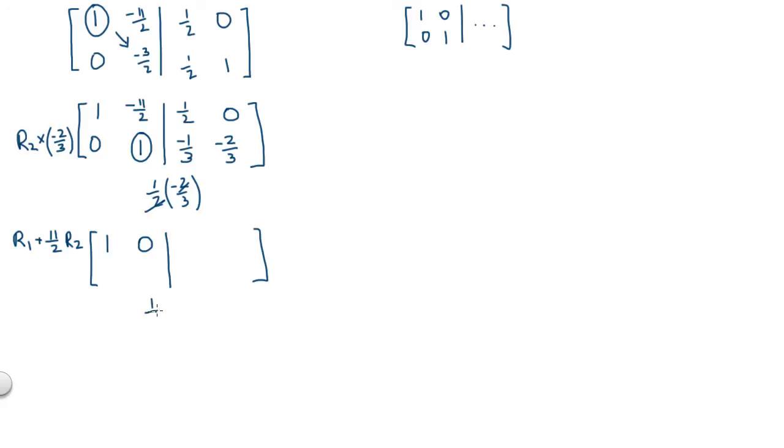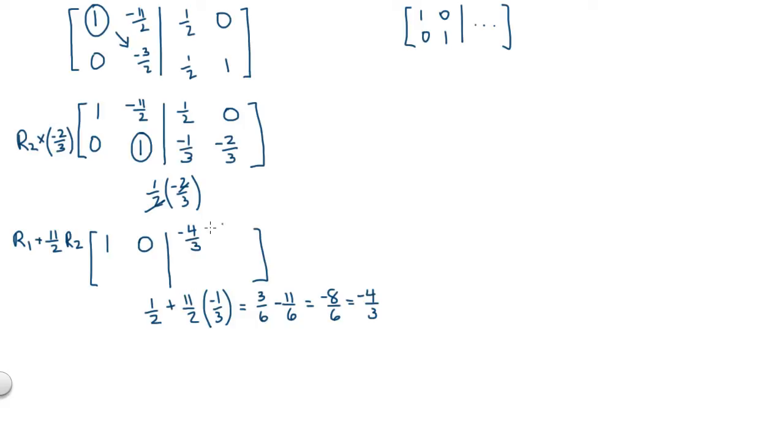So taking row 1 plus 11 halves row 2 is going to give us half plus 11 halves times minus 1/3. Okay, maybe let's turn this into sixths. So we've got 3/6 minus 11/6 gives us minus 8/6, or minus 4/3 if we reduce that.